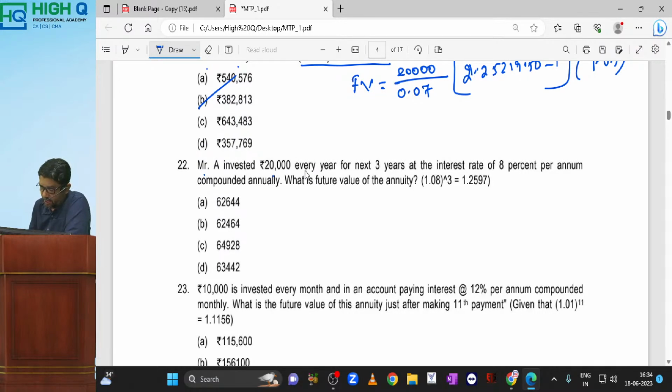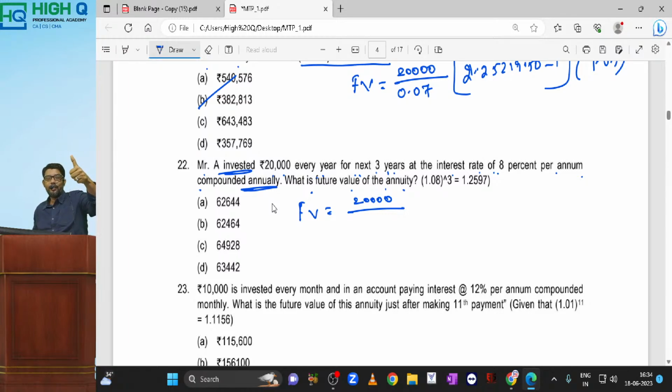Mr. A invested 20,000 every year for next 3 years at the interest rate of 8% per annum compounded annually. What is the future value of the annuity, my dear? 20,000 divided by 0.08. This is investment future value at the interest rate of 8% per annum compounded annually. I told you 3 thumb rules. We need to identify whether it is present value or future value, whether the annuity is regular or immediate, and the type of compound interest.